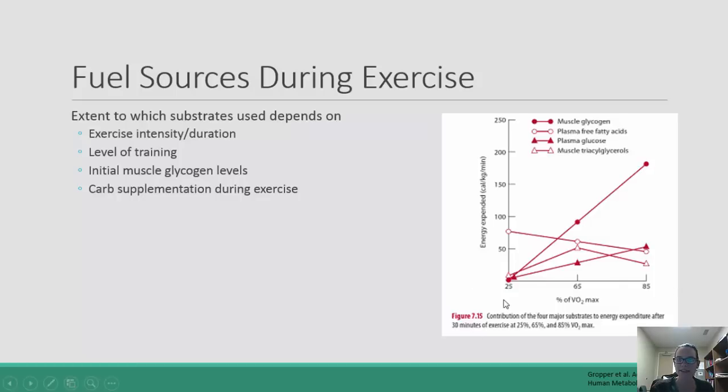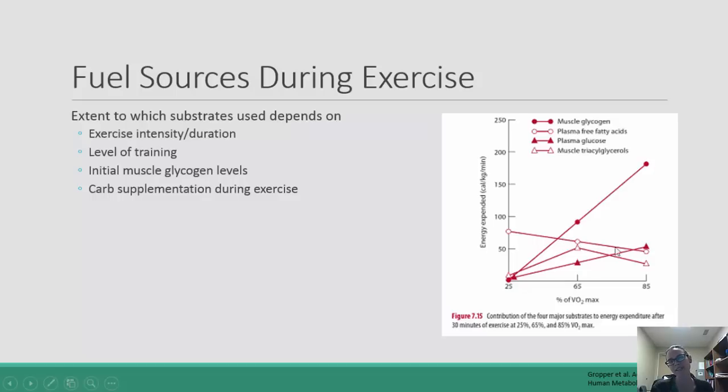So if I'm exercising pretty low, I'm going to be utilizing kind of all of these sources of energy. But then as we move on, let's look at our muscle glycogen. As I'm rising in intensity, I'm relying a lot more on my muscle glycogen. At lower levels, I'm relying very heavily on plasma-free fatty acids.